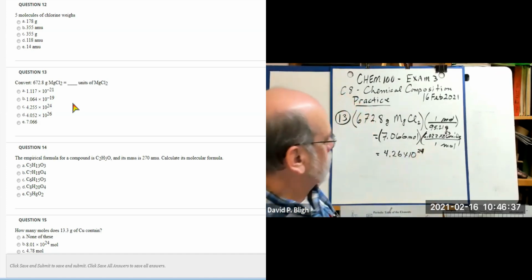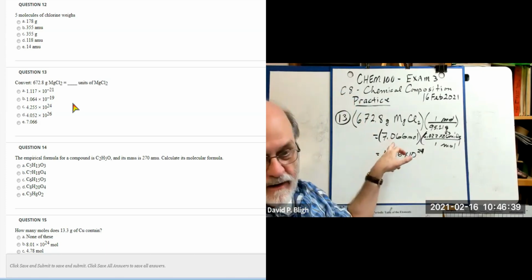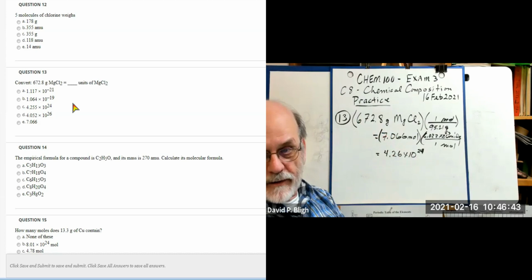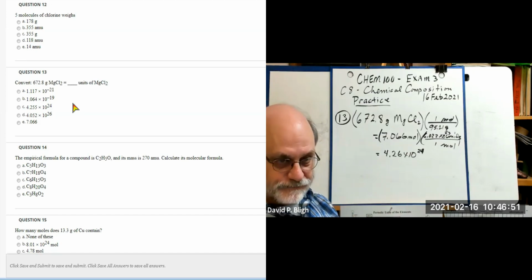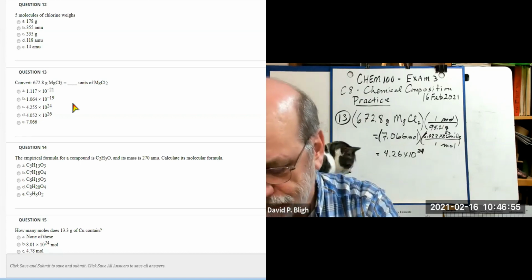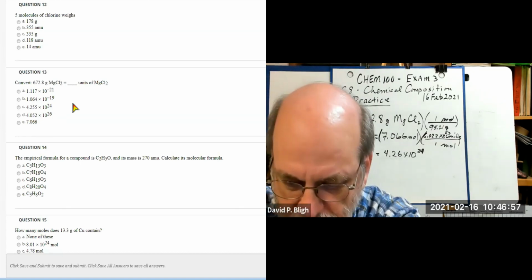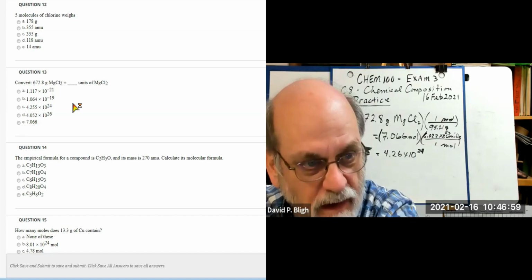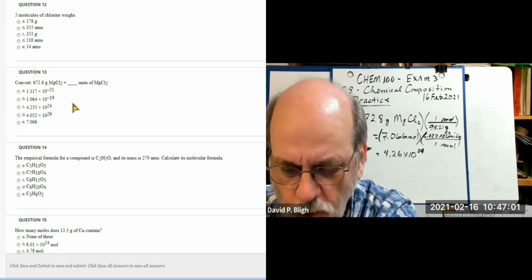Okay. So if I had stopped here and put E for the answer, I would have been wrong, because it's not asking for the number of moles, it's asking for the number of individual units. So that's why the answer is C. That was 13. Let's look at 14.